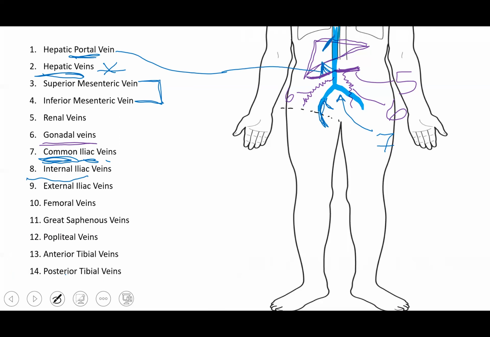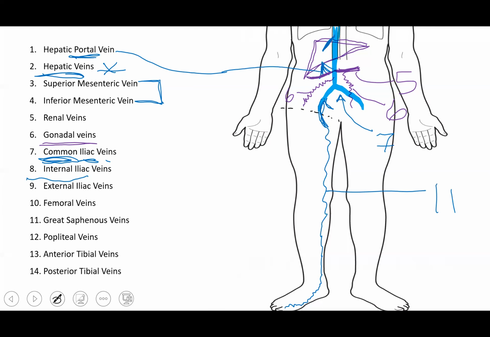This time, we're going to have one branch that's super long and is going to travel down the medial side of the leg and ultimately be draining blood from the foot. This vessel is called the great saphenous vein. All right, number 11, the longest vein in the entire body.